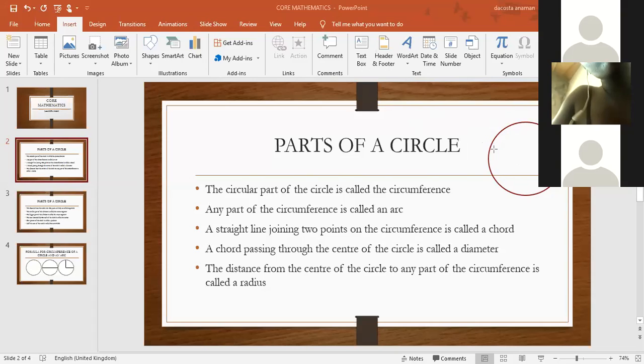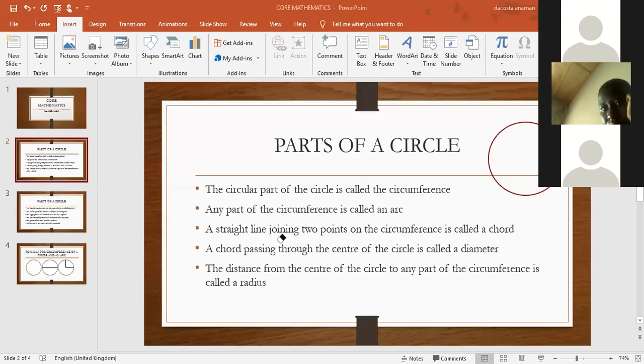Any part of the circumference is called an arc. So this whole thing is called the circumference. This part will be called what? An arc.